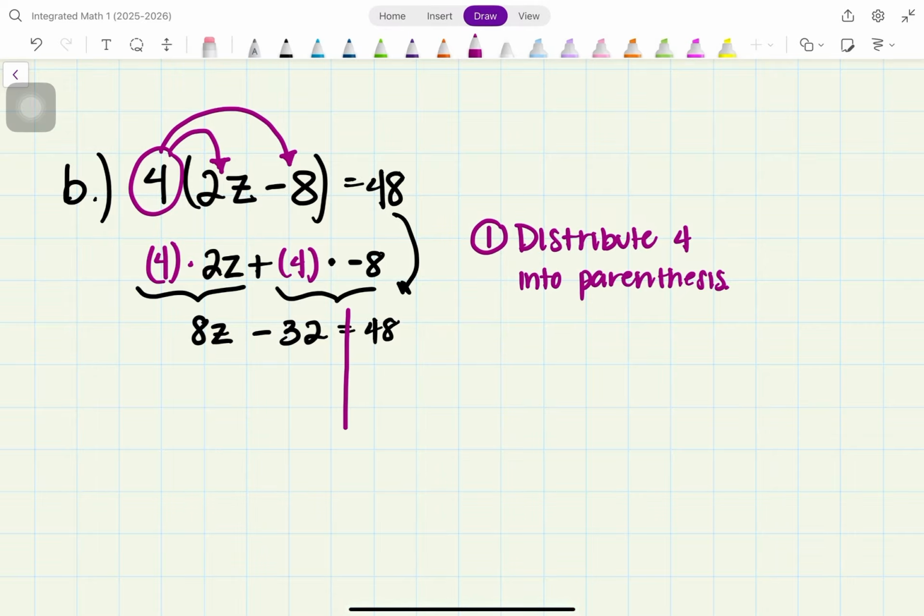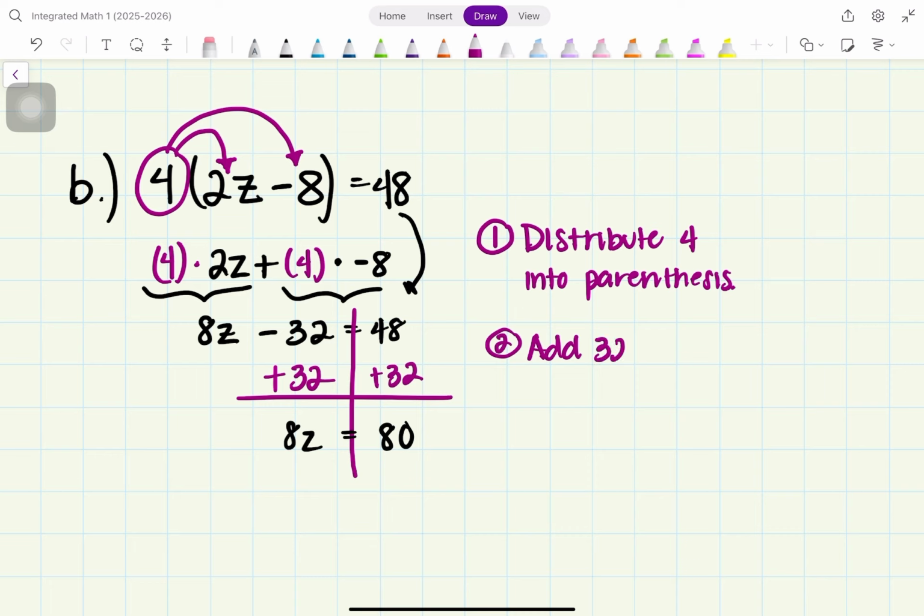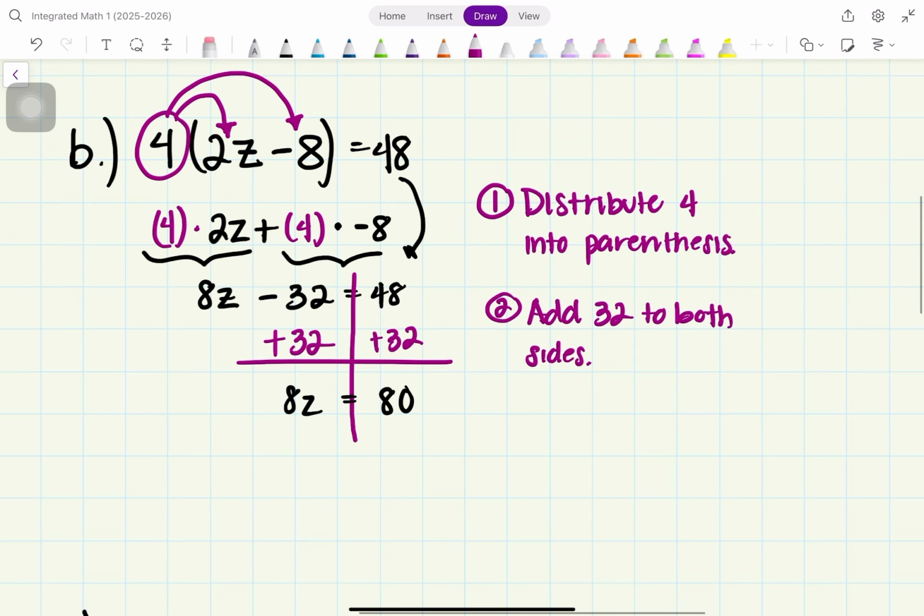So we did distributive property. Now let's move everything to one side and leave the variable alone. First step, add 32 to both sides. That would give us 8z is equal to 48 plus 32, which is going to give me 80. So step number 2 was to add 32 to both sides. Next step, between the 8 and the z, those are multiplying.